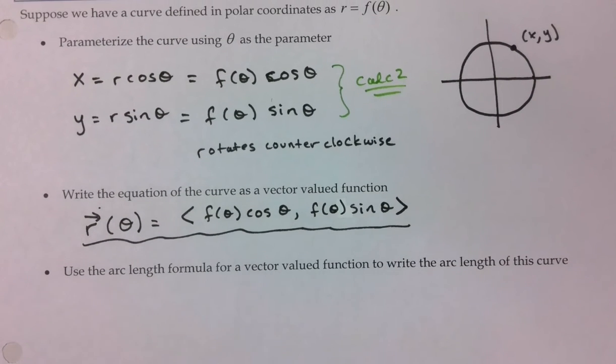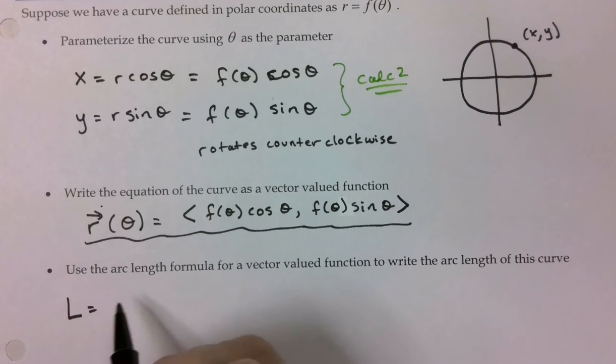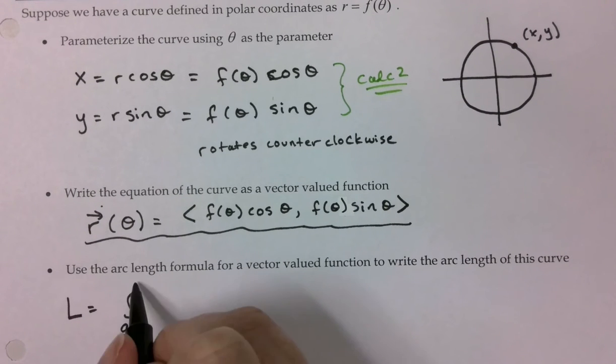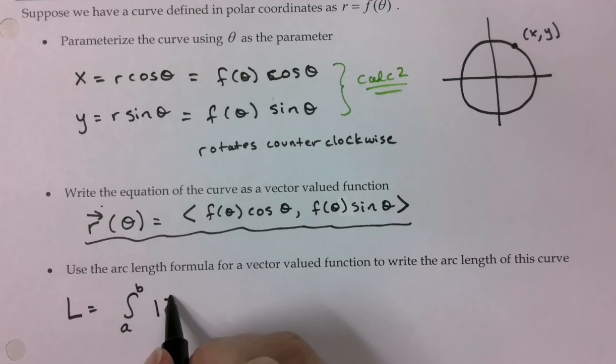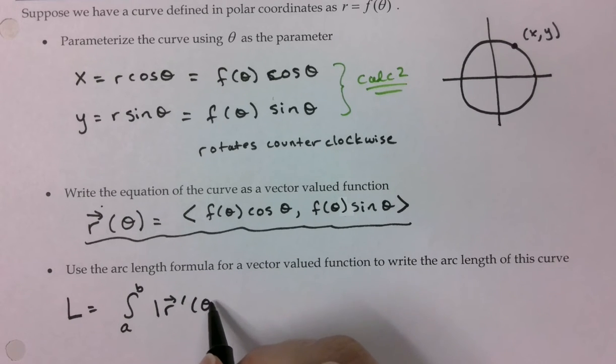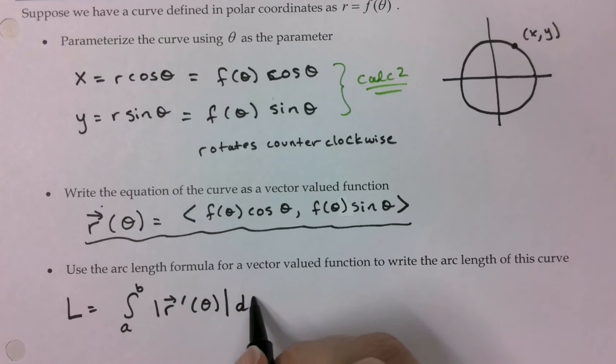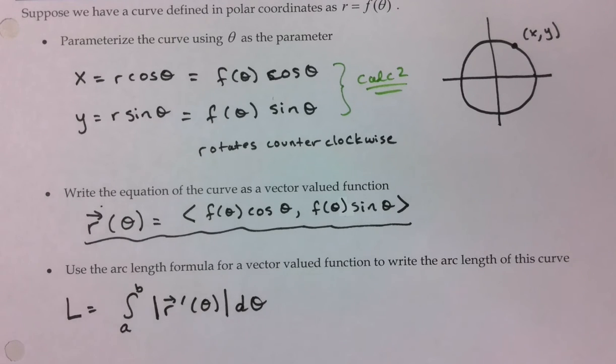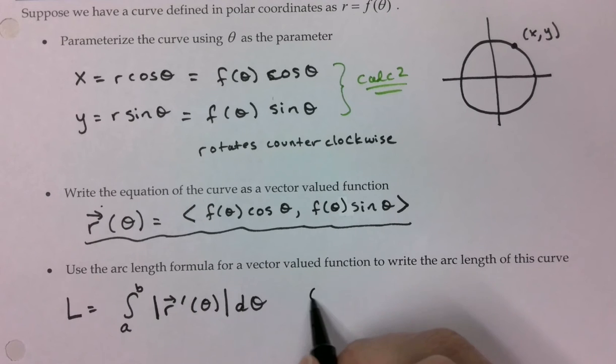Okay, so now let's use the arc length formula to make this work. Arc length is the integral from a to b of the magnitude of r prime of, now we use t in the formula, but it technically could be any variable we want. So why not do theta?